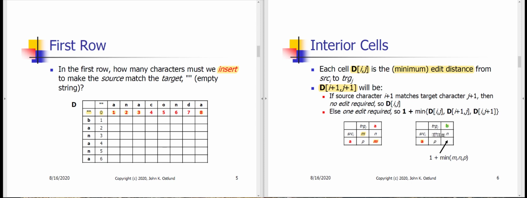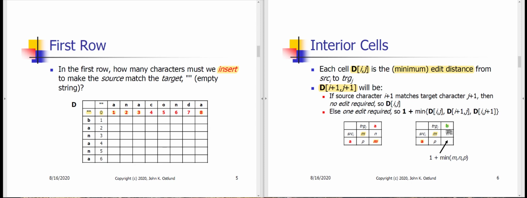Each of these other cells here is the minimum edit distance required to get the source prefix to match the target prefix up to this particular row and column. So M in this little diagram tells me how many edit operations I would have to perform in order for the source to match the target, with the source up to row I and the target up to column J.